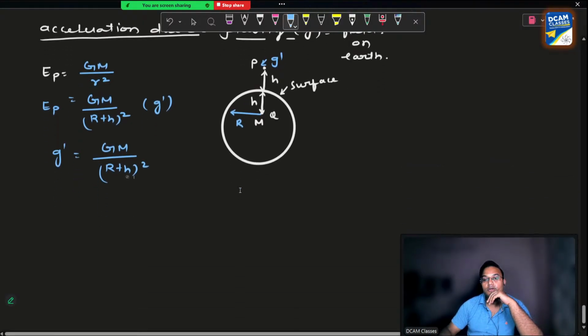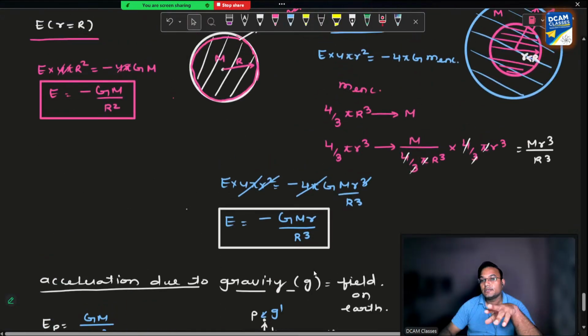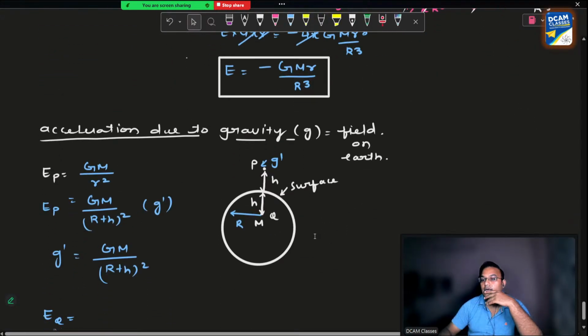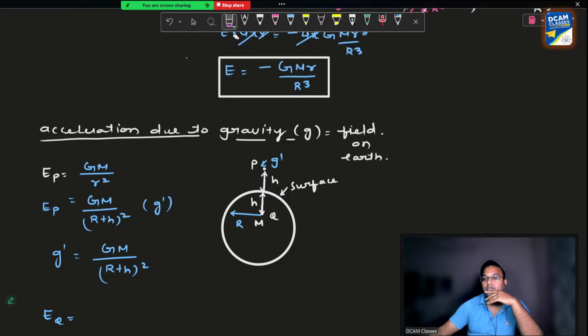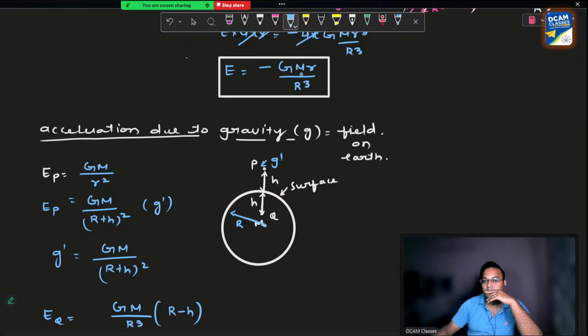Now if we talk about the field at Q, this is zero. No, this is inside the Earth, a solid sphere, na? Earth is a solid sphere, so you have to use that formula of field inside the solid sphere. This one. Sir, I thought Q was placed there. That's why it was zero. Okay, na?